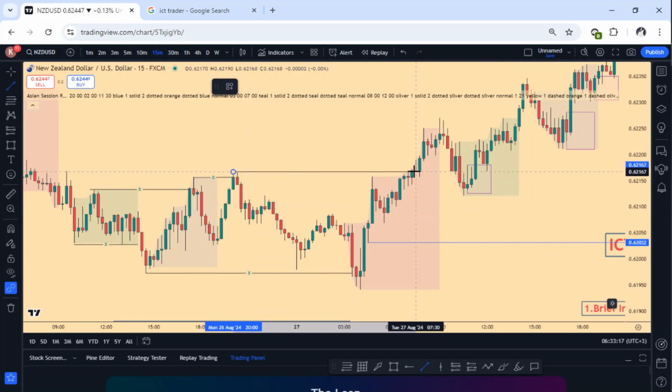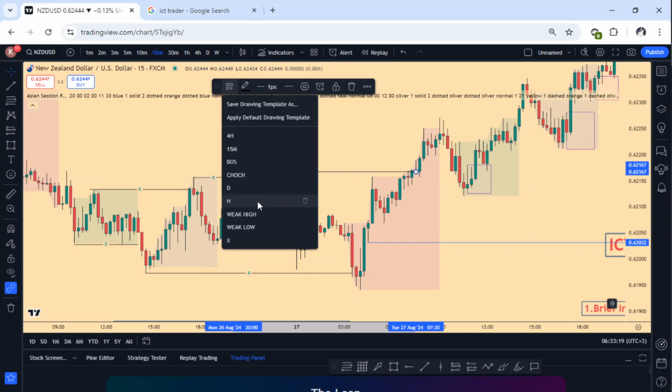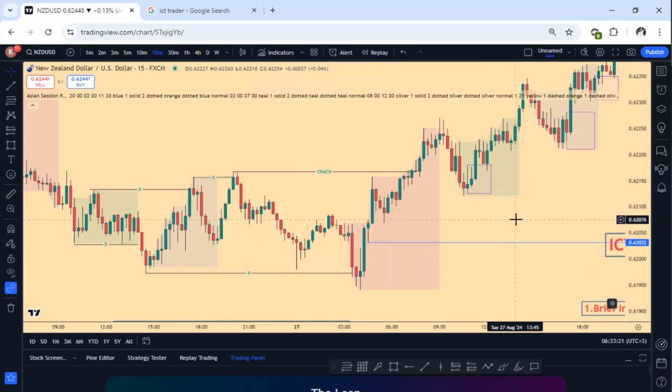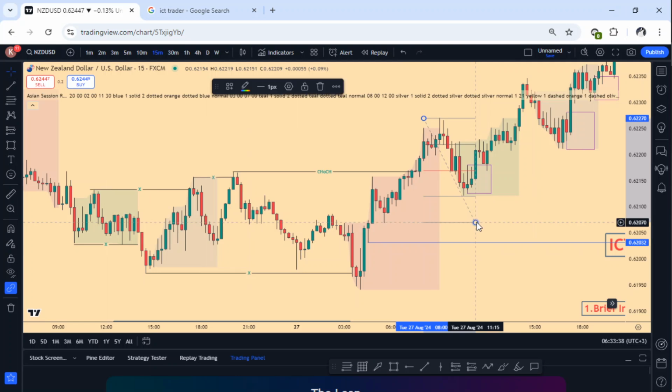So if there is a change of character, it means an ICT trader will mark a new price action using maybe order flow and say that we are having a higher high, there's a pullback here, there's a low, and therefore OTE would be from this high to this low here.